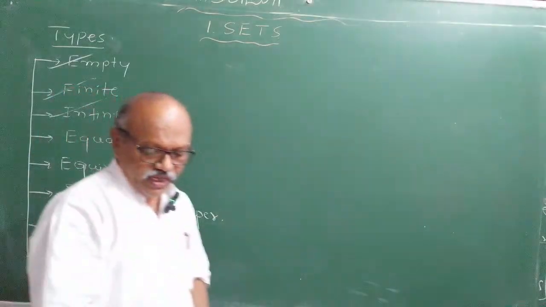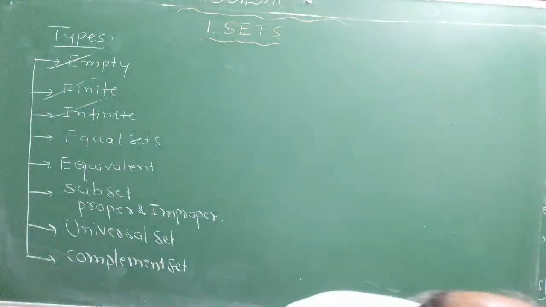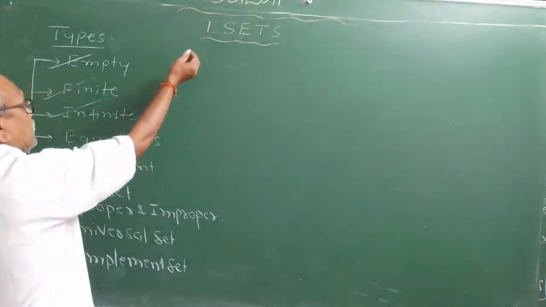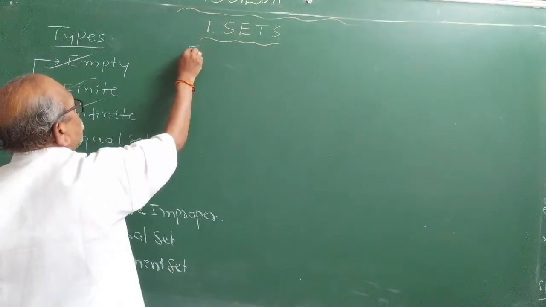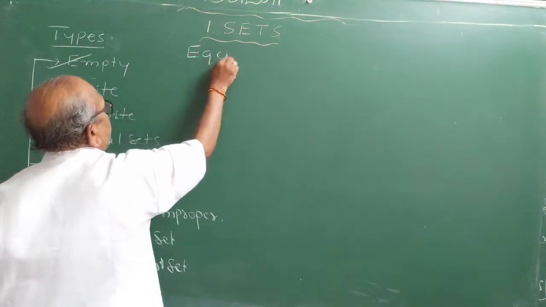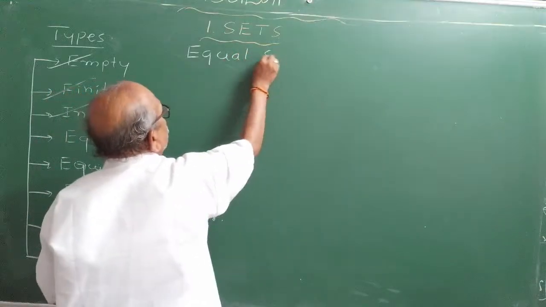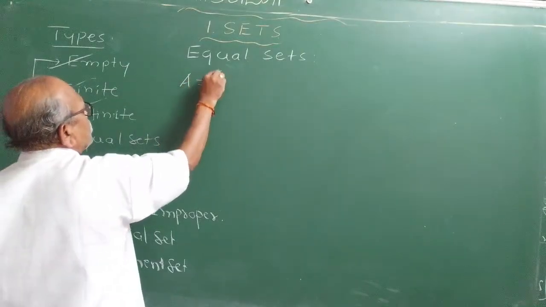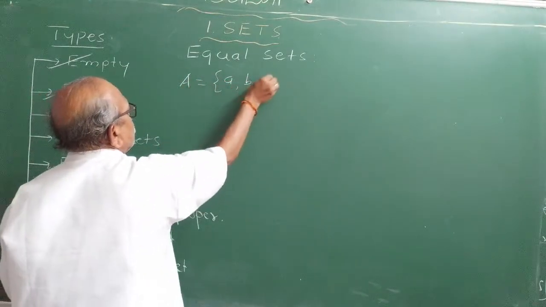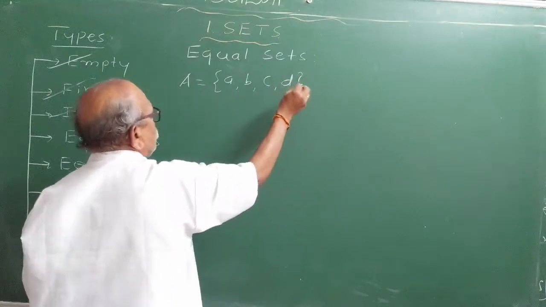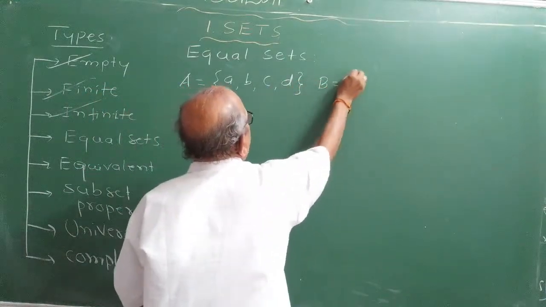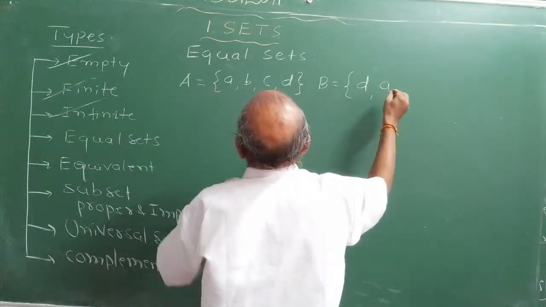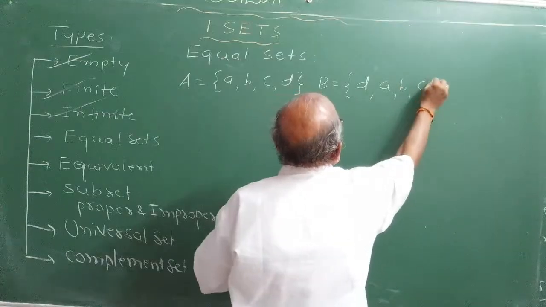Now let us quickly revise equal sets. Suppose that I take two sets like this. In a set A, the elements are A, B, C, D, and I will take another set B with the elements as D, A, B, C. Observe.